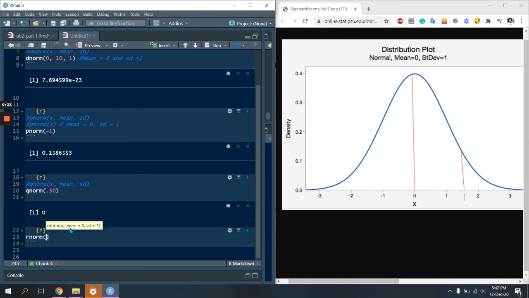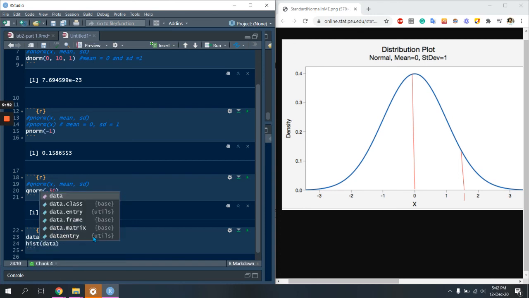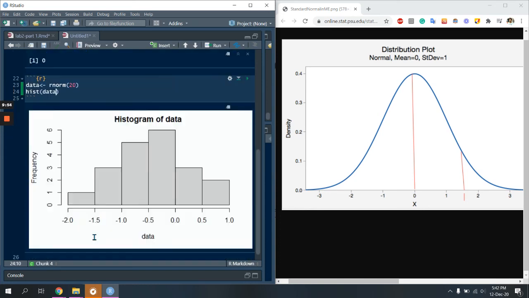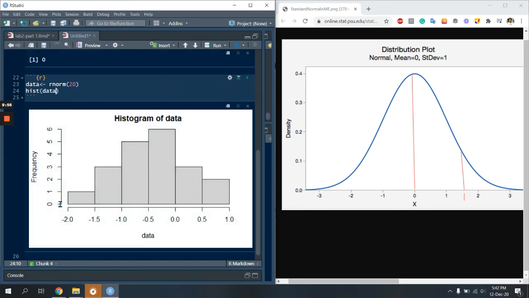So I can generate 20 random numbers that follow a normal distribution curve, and I can store them in a variable named data. If I plot the histogram of data, I should see a histogram that follows a normally distributed shape.